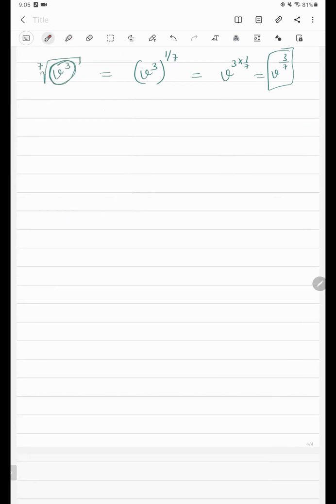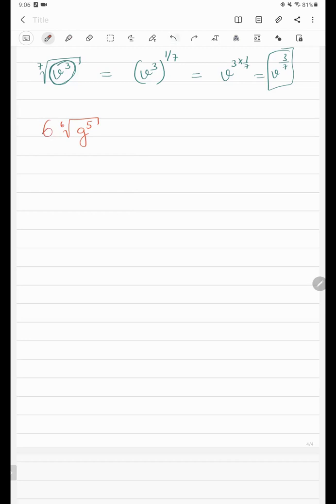Now let's move on to the next question. I have a number over here, g to the power 5, and I have the sixth root of this. Notice that I have written a very tiny 6 over here. If the 6 was like this, then that means they are both multiplied.